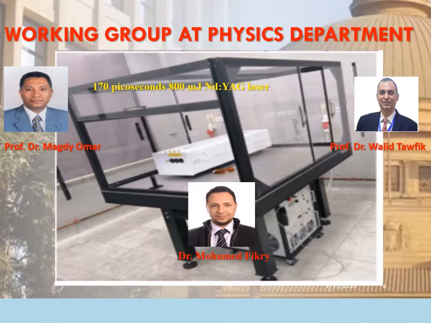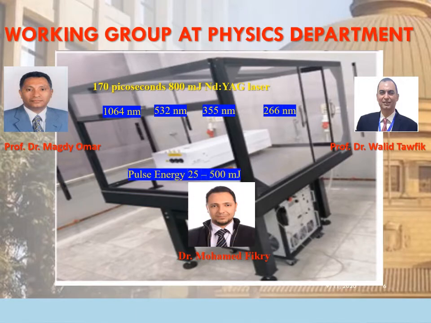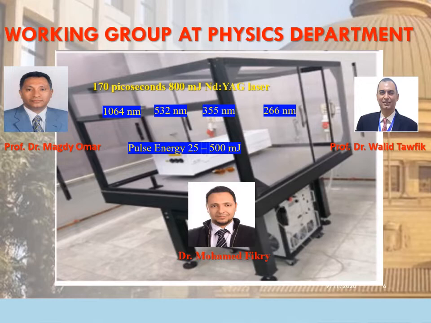This laser can generate 4 harmonics, starting from infrared around 1064 nanometer to green 532, UV around 355, and deep ultraviolet 266 nanometer, with pulse energy from around 25 to 500 millijoules.